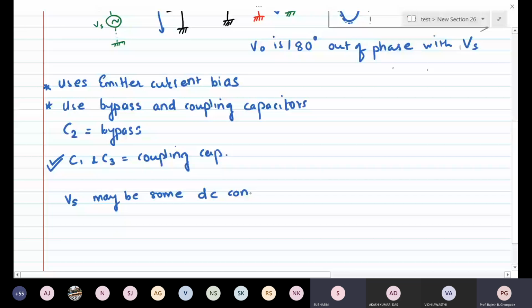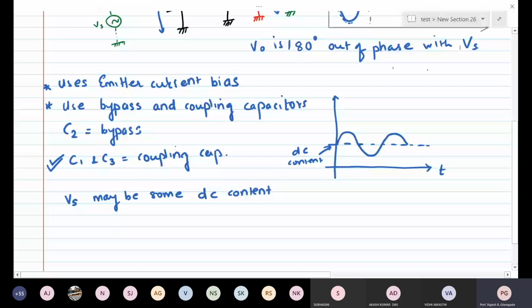Let me show you. Your signal source may have some DC content, and the AC signal which we want to amplify is riding on top of this, like this. So this is your DC content, and this is a very peculiar scenario. This is the voltage.